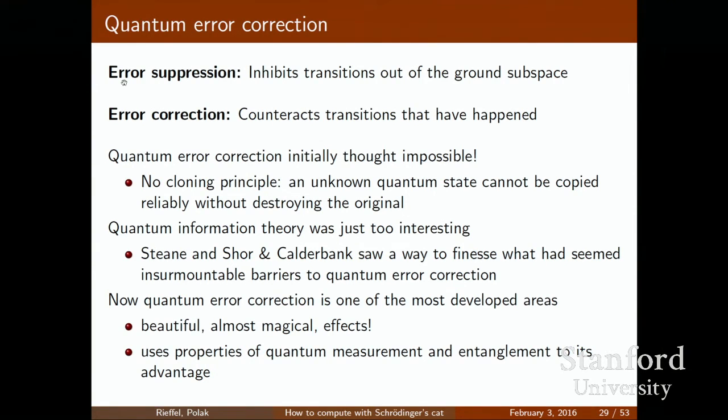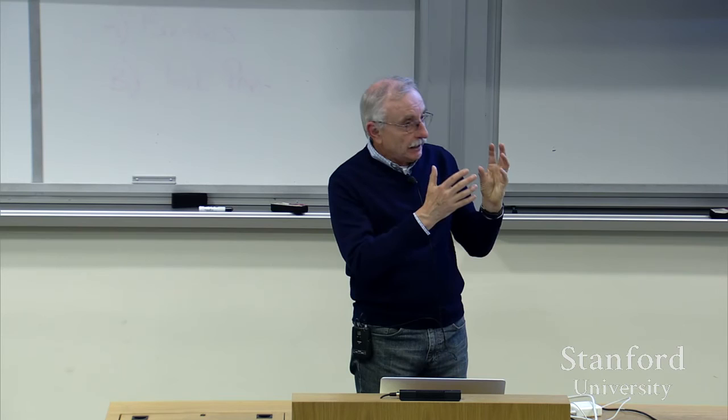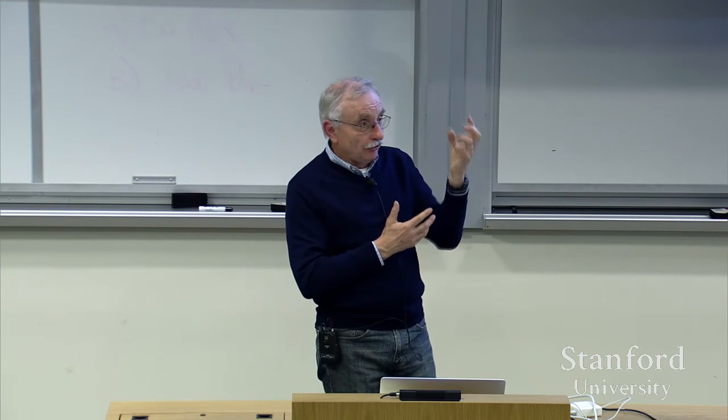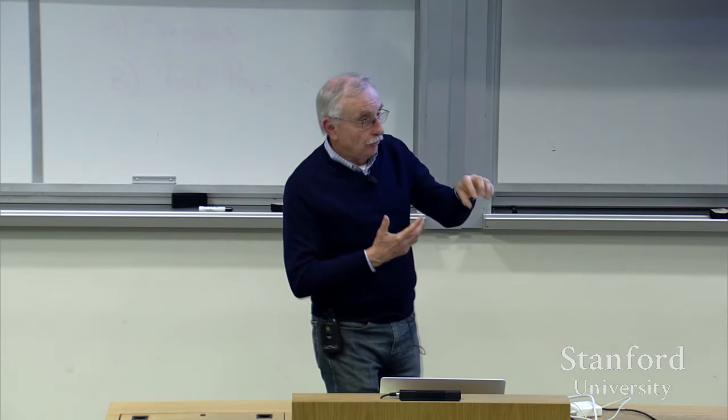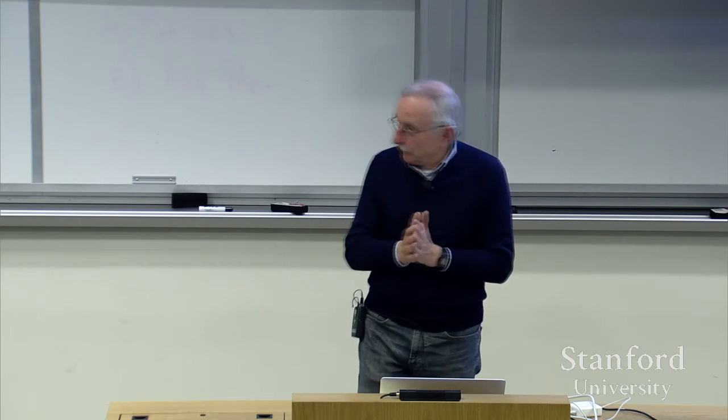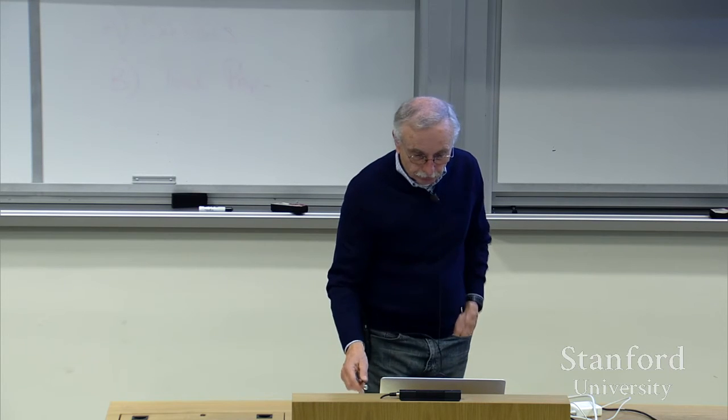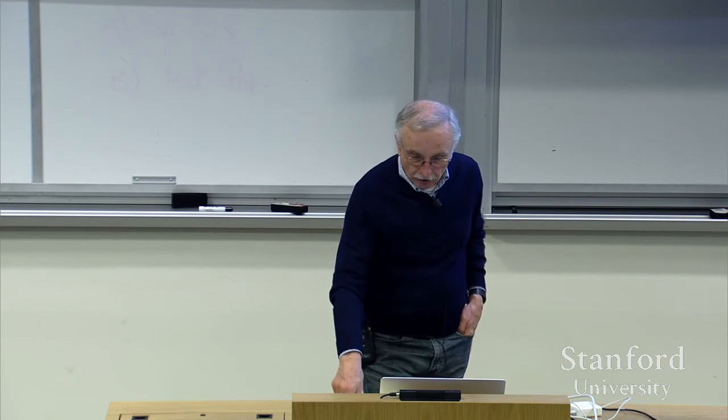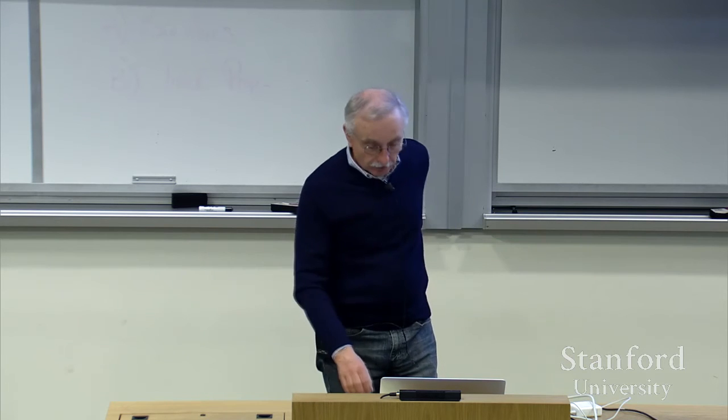But now we have a really very good theory, and it works really well, and it's extremely surprising because essentially what you do is some quantum measurements, and based on the result of the measurements, you do another measurement, and effectively you project a state that has an error in it onto a state that has no error, which seems like really magic. And again, Steane and Shor, Calderbank came up with the first error correcting codes, and now it's an extremely well understood theory.